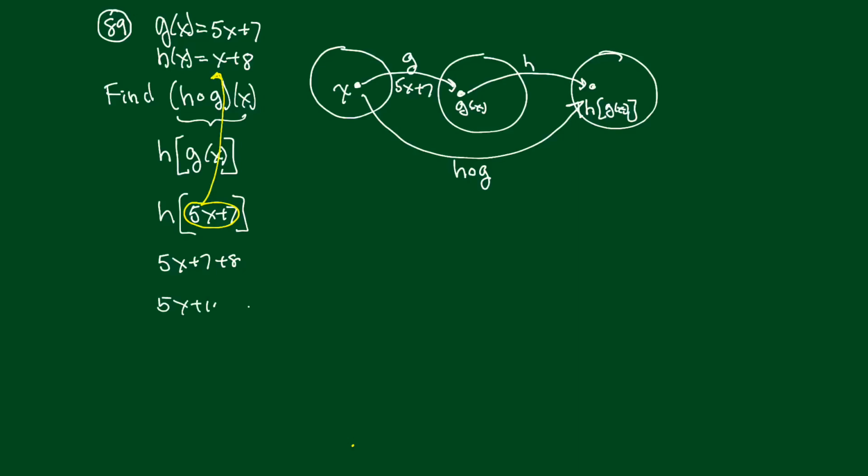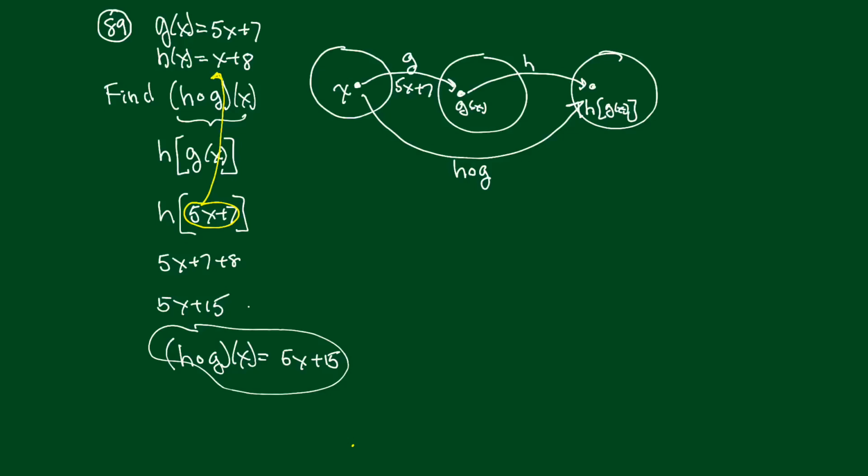All right, so we're going to get what? 5x plus 15. So we are saying now that the new function that we built, the non-stop function from the beginning to the end, h of g, let me write that so it's almost readable. h of g of x is this new function, 5x plus 15.